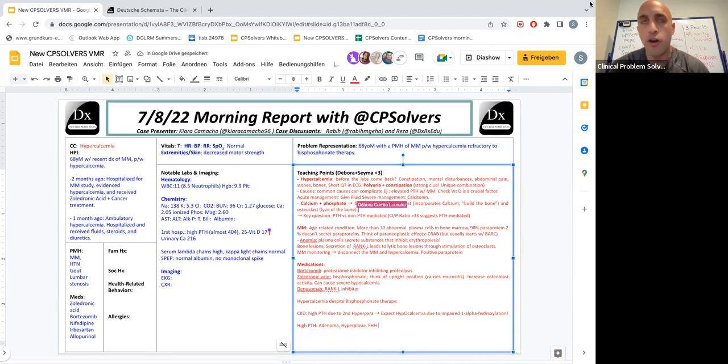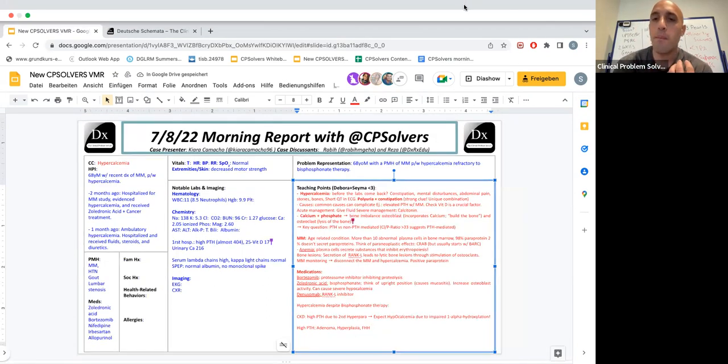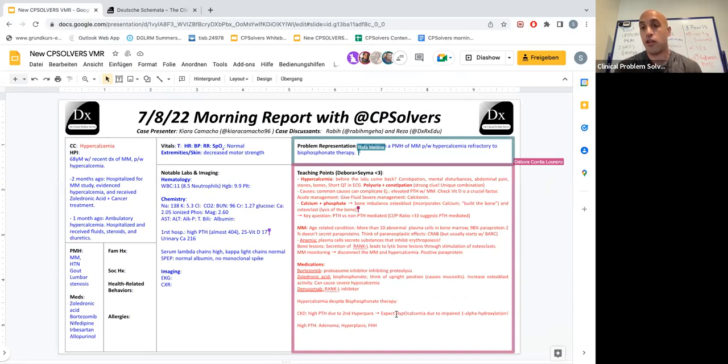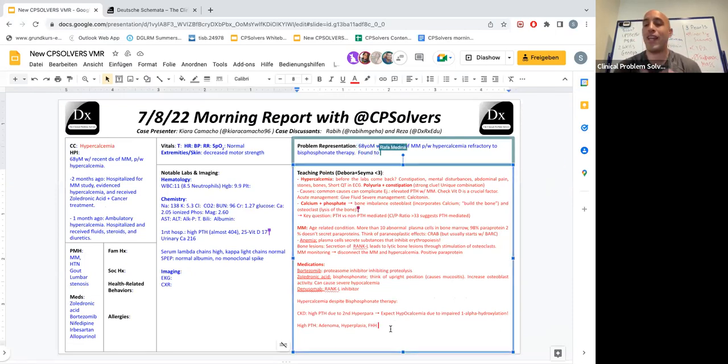I will say one other thing, that it's really important to take this sort of stepwise approach. And I'm sure the clinicians did that, to start with the PTH. And interestingly, if you got the PTH that told you the hypercalcemia, would you have gone searching for the myeloma? Just like in this case where we got the myeloma and we weren't necessarily going and searching for the PTH, it's only through the refractory nature of the hypercalcemia that we had to pause and say, why is this bisphosphonate not working?